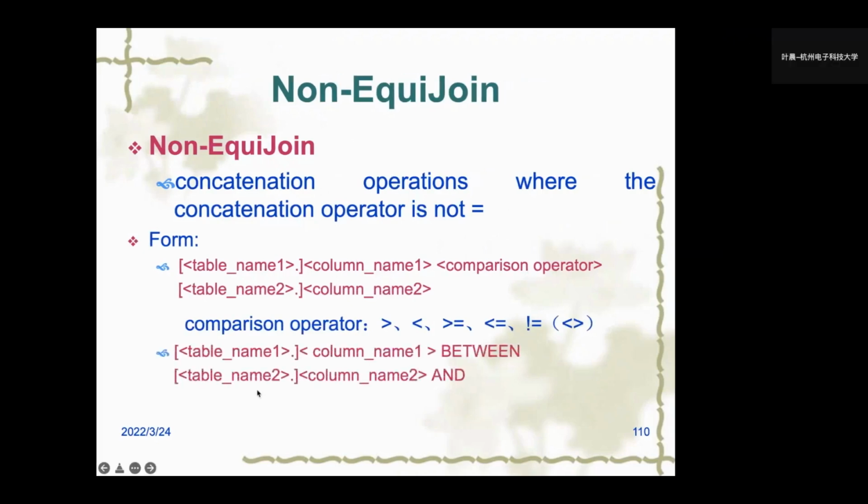Table name 1 dot column name 1, and here we have the comparison operator. It means larger than, smaller than, and so on. And we also have the between and.